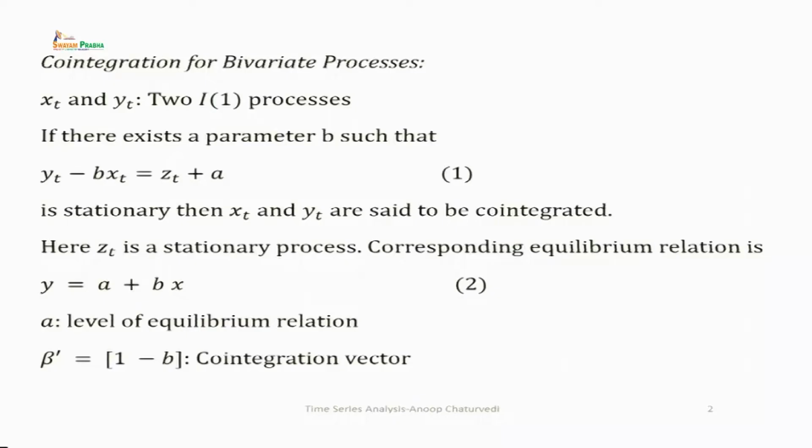In this lecture, we will consider the co-integration analysis of bivariate time series processes, and then we will extend it for the processes involving more than two time series also. So, first we consider the co-integration for bivariate processes. Suppose x t and y t are two I1 processes.